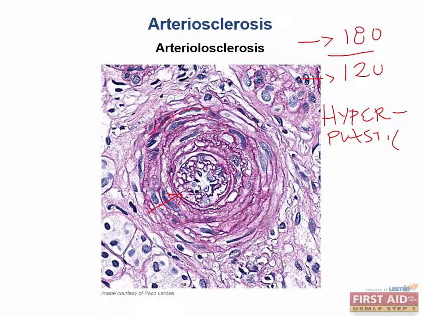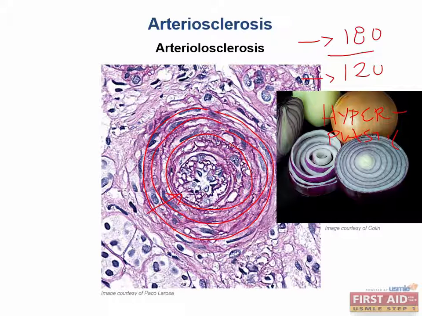Note here how there's one basement membrane with endothelial cells on it. There's another basement membrane with endothelial cells on it. There's another basement membrane, and so on and so forth until you can severely decrease the diameter of the vessel lumen, leading to decreased blood flow. Now the layers of this cross-section on biopsy look just like the layers of an onion. This is where the term onion skinning comes from.